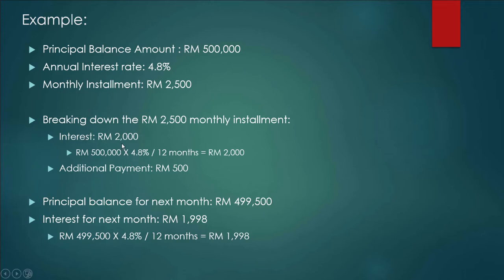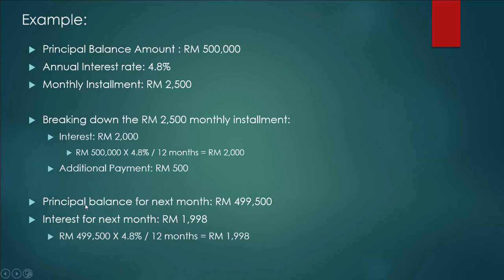The interest is 2,000 ringgit, calculated based on 4.8%. So when you make a 2,500 ringgit monthly installment, 2,000 ringgit is used to pay the interest only. The additional payment to reduce the principal is only 500 ringgit.